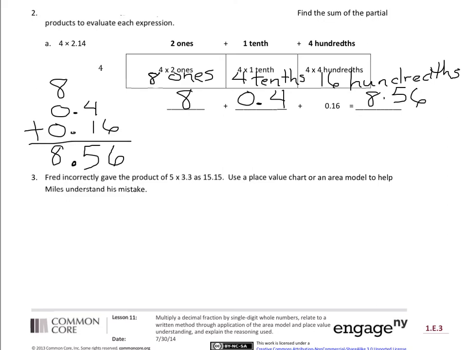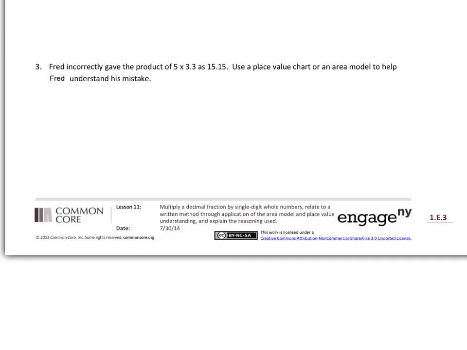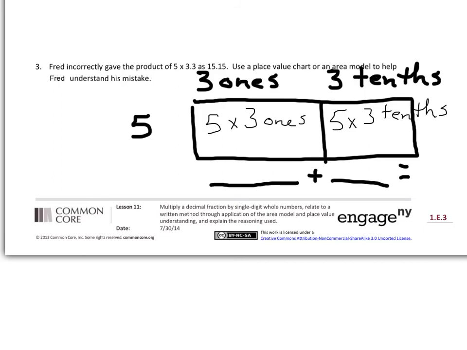Let's move on to question number 3. Question number 3 says, Fred incorrectly gave the product of 5 times 3 and 3/10 as 15 and 15 hundredths. Use a place value chart or an area model to help Fred understand his mistake. Let's use the area model to help us solve.